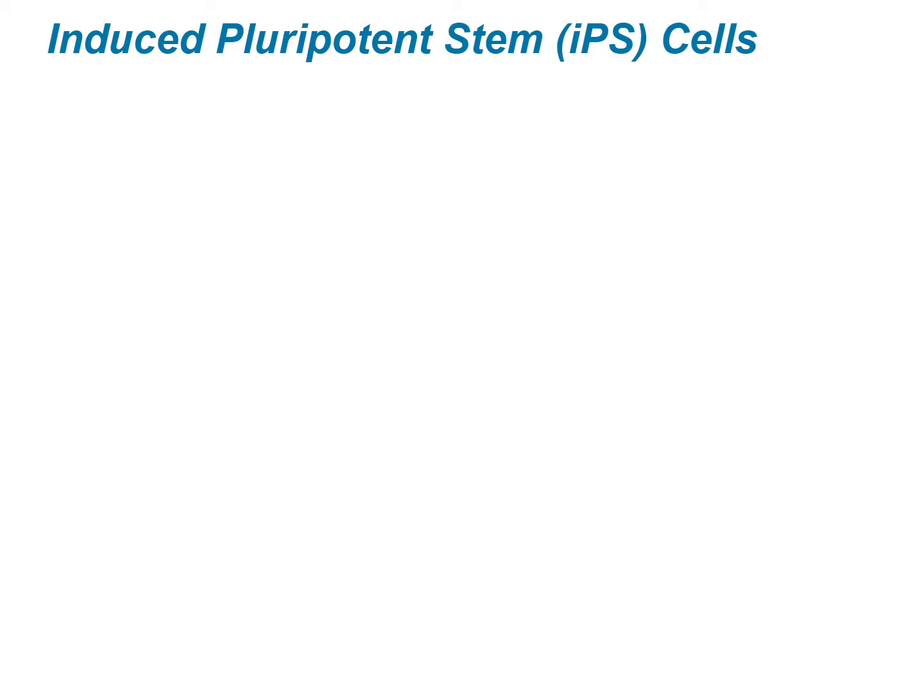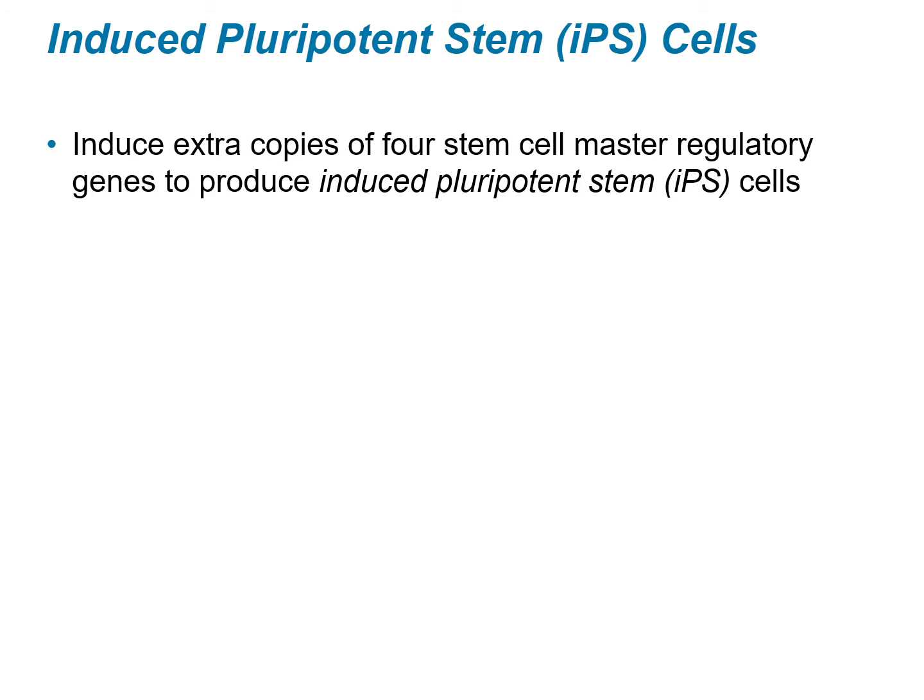So let's look at induced pluripotent stem cells. These are a little bit different from basic embryonic stem cells. Retroviruses can induce extra copies of four stem cell master regulatory genes to produce induced pluripotent stem cells.